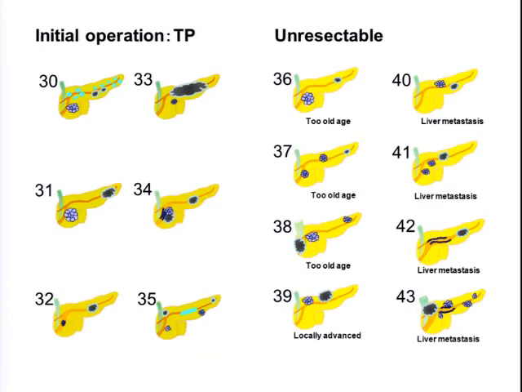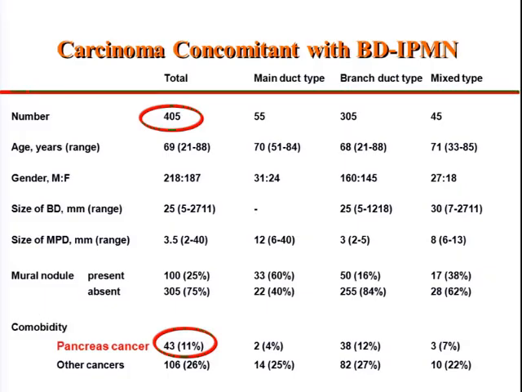This panel illustrates those undergoing total pancreatectomy and those with unresectable cancer concomitant with IPMN. Until March last year, we have experienced 43 patients with concomitant pancreatic cancer in 405 consecutive patients with IPMN.